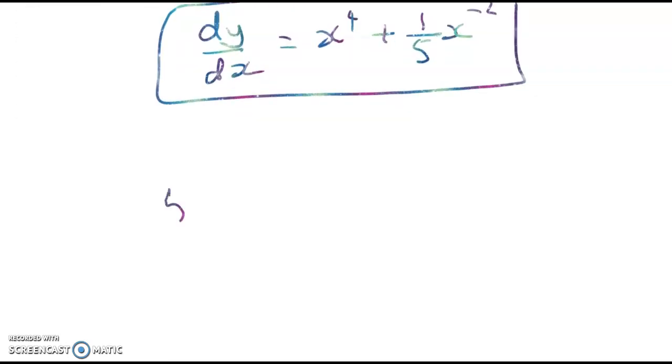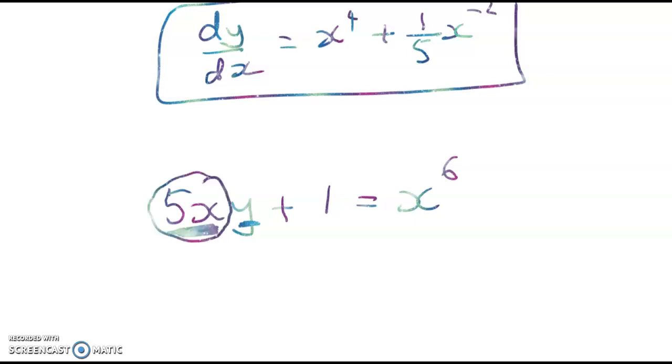So we start off with 5xy plus 1 is equal to x to the power of 6. So for the first time we've got a product rule. We'll treat it as 5x here and y here. So we're going to use the product rule. We're going to say the derivative of this with respect to x will be 5x times the derivative of this. So uv dash plus vu dash.